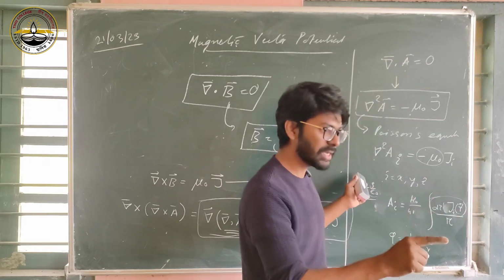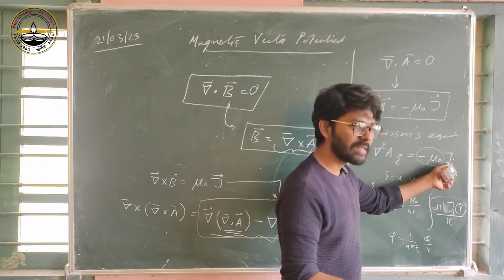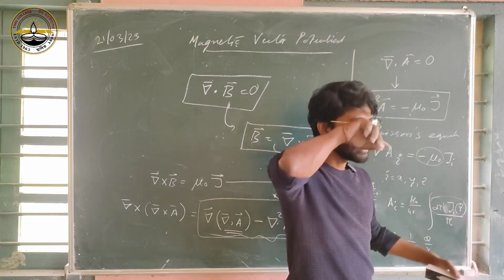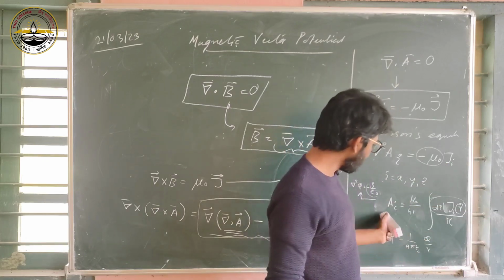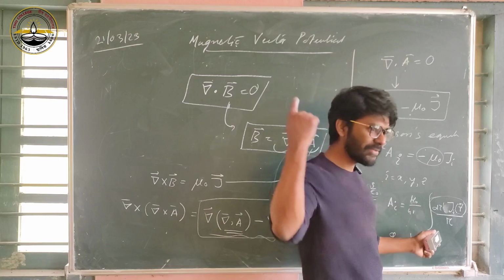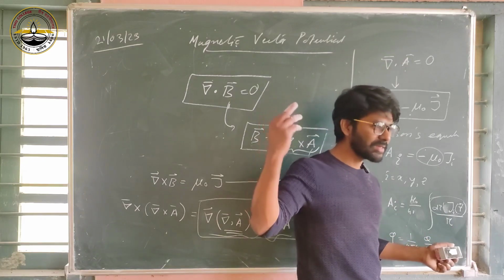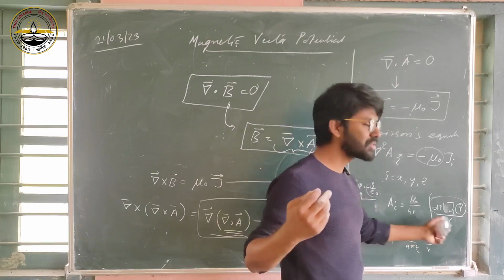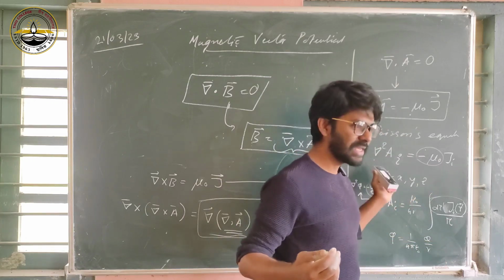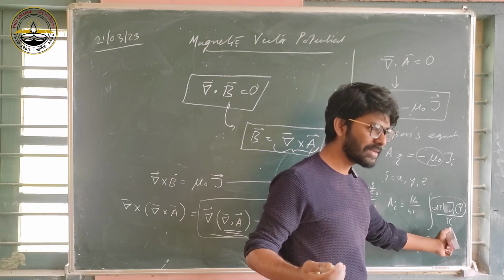But the condition again applies that the current must go to 0 at infinity. And then we know the solution already from our electrostatics. The mathematics is already done there and the solution is known. Because the equation is the same, we can write down the solution.